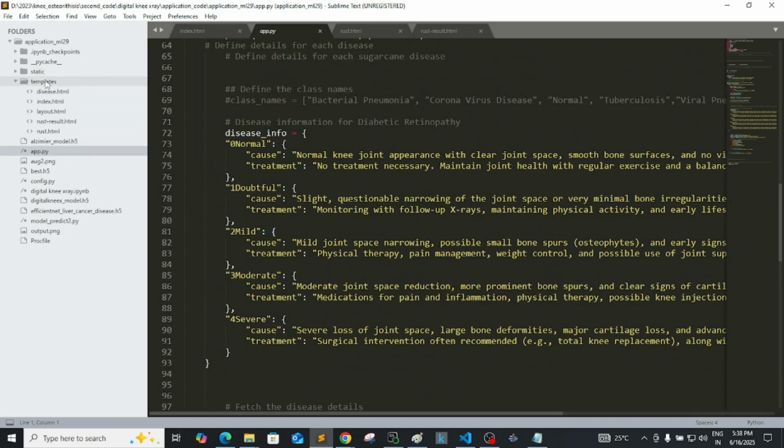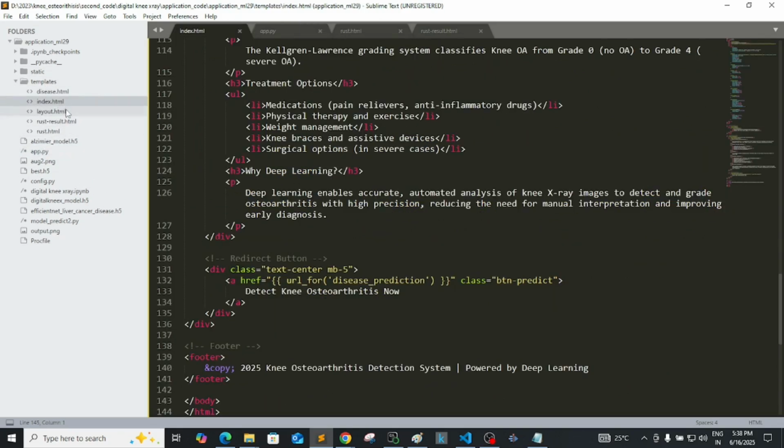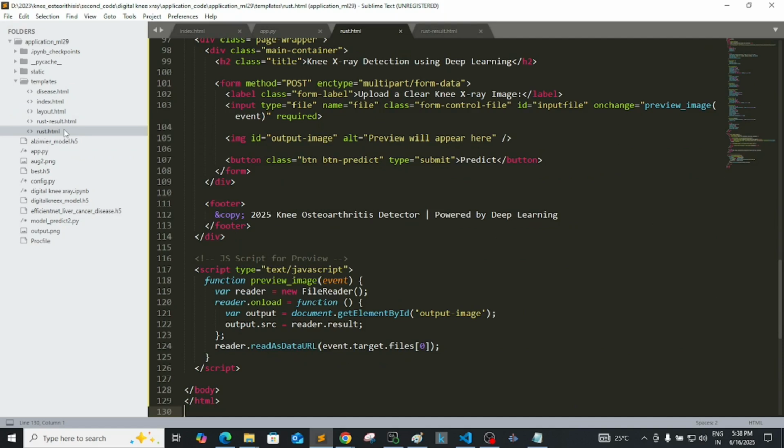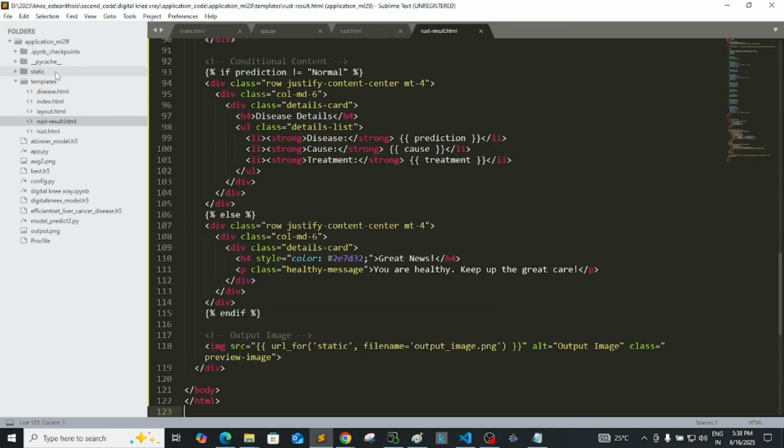Then we create our template files, like the index HTML file and result HTML pages, and then we create static CSS elements and images as a background. And the most important thing is that our app.py will be communicating with our digital knee cancer.h5, which we save there.